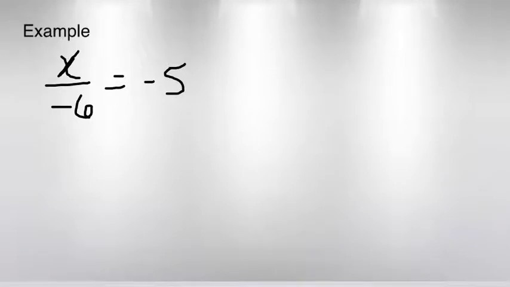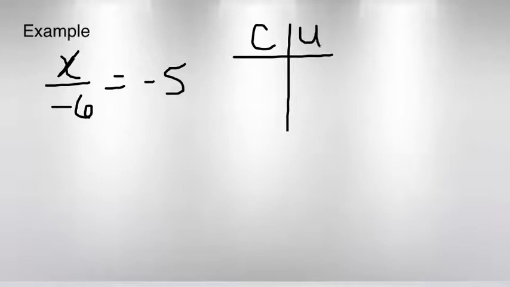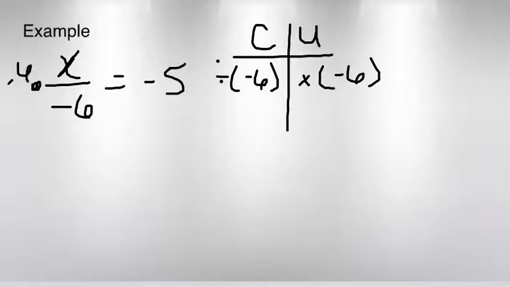Okay, one more example like this. We're still going to use our clue undo chart. I noticed that x is being divided by a negative 6, so I'm going to undo that by multiplying by a negative 6. So I will multiply both sides by negative 6.